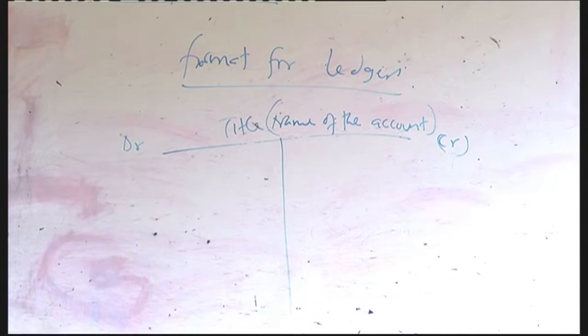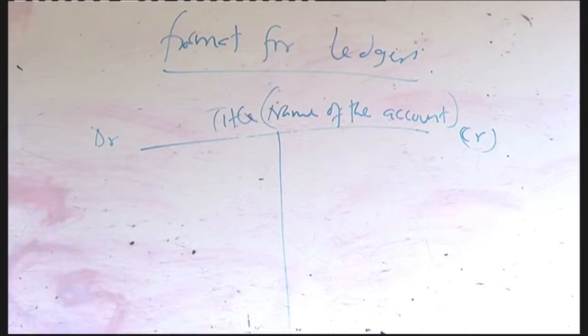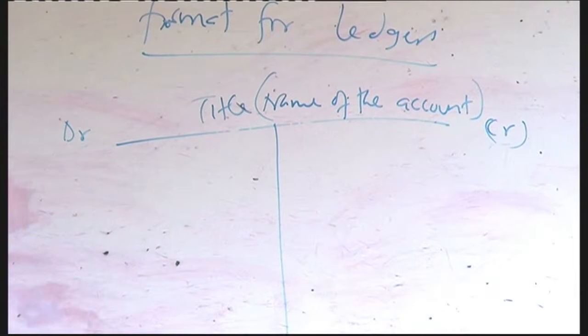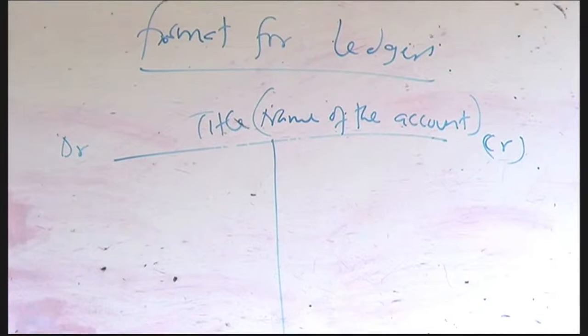Now, each side of that T account has 4 columns.